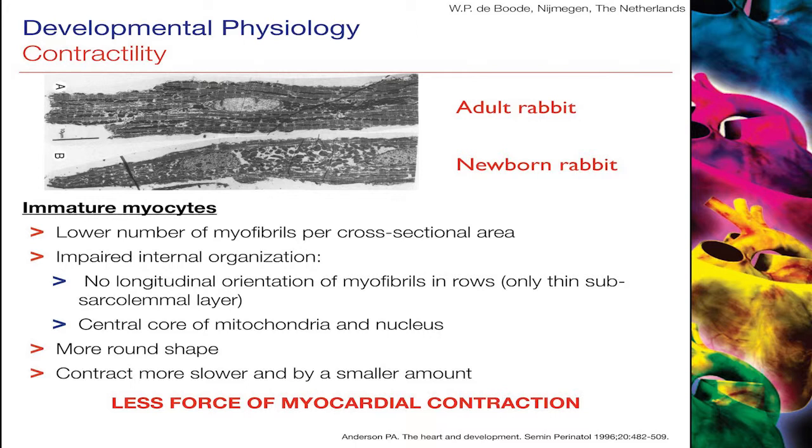These are pictures from an adult rabbit and a newborn rabbit, and what they saw in this study is that there are a lower number of myofibrils per cross-sectional area in the newborn rabbit muscle. There's an impaired internal organization, and they contract more slowly and by a smaller amount.